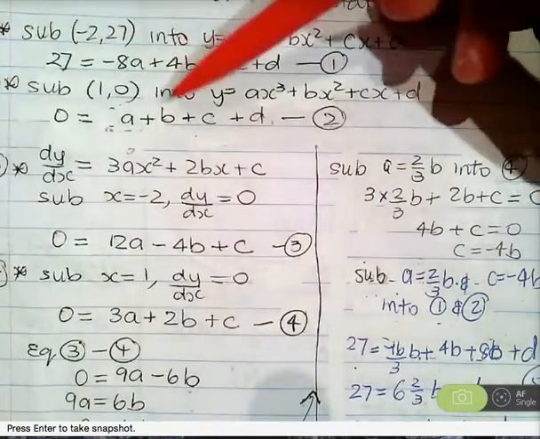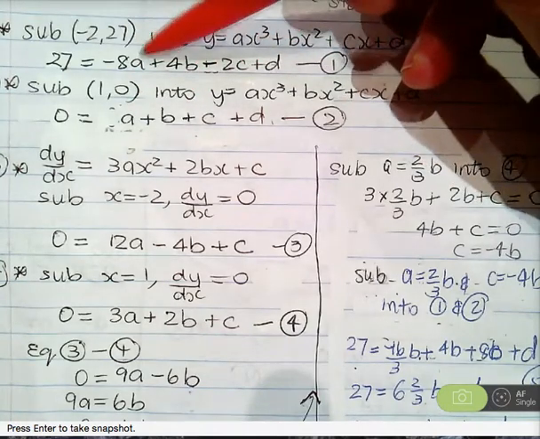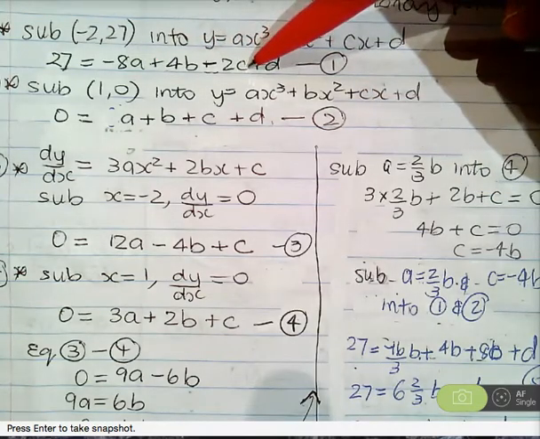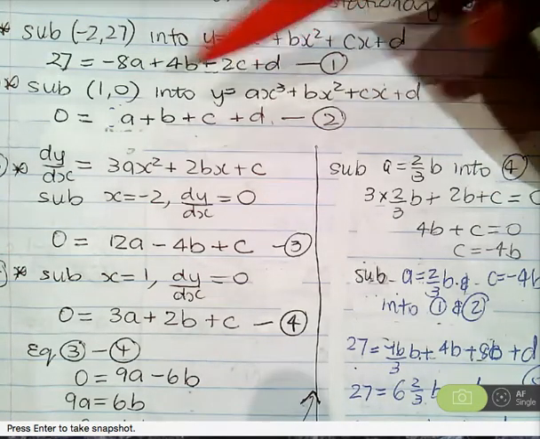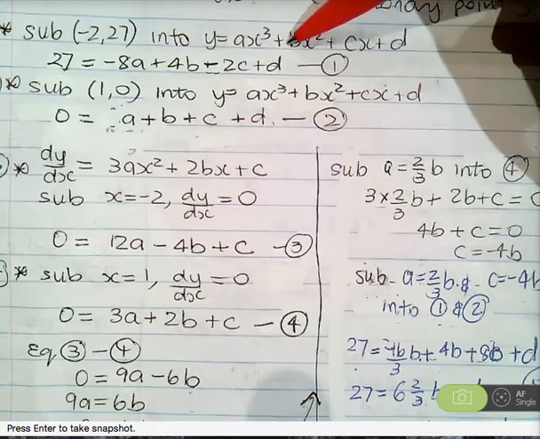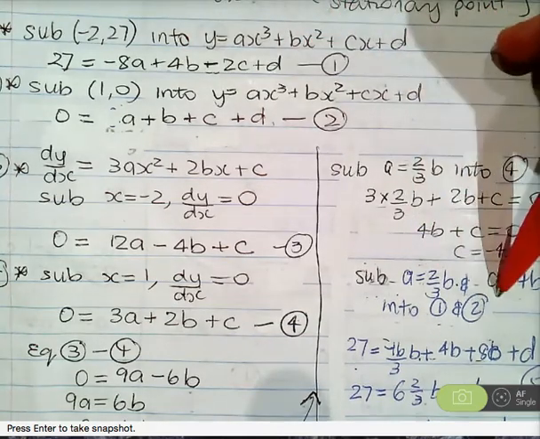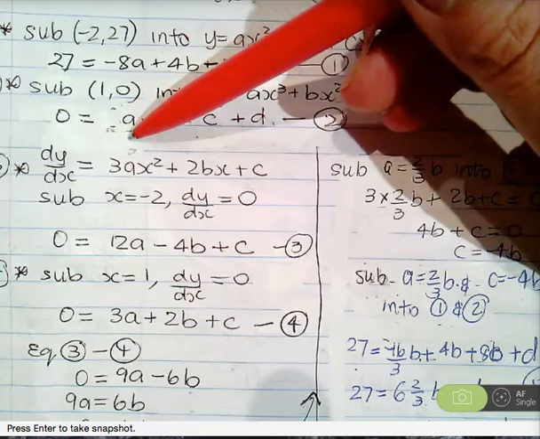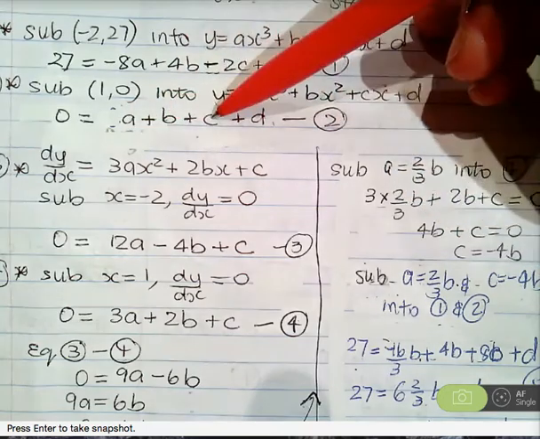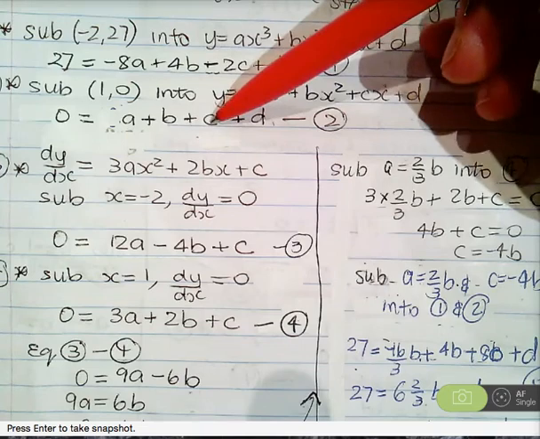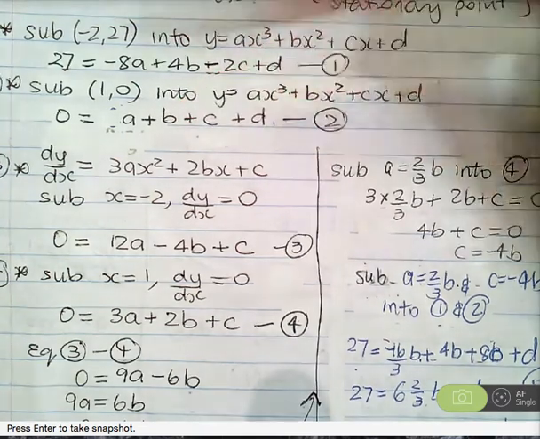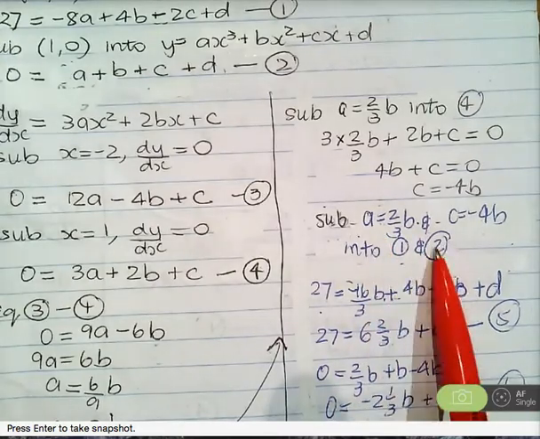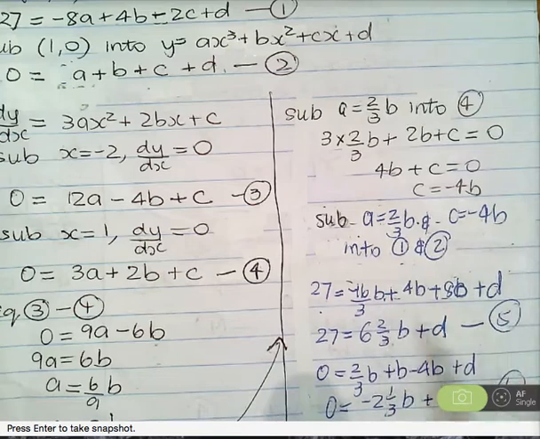Now, if we substitute A is 2/3 B, this will be in terms of B. If I substitute C as minus 4B, this will also be in terms of B, and I end up with an equation only in terms of B and D. I do the same thing and substitute into equation 2 as well, because if A is 2/3 B, this will be in terms of B. I keep the B, I substitute C is minus 4B, and this will now be in terms of B. So I end up with two equations only in terms of B and D. I've substituted A is 2/3 B and C is minus 4B both into equations 1 and 2.